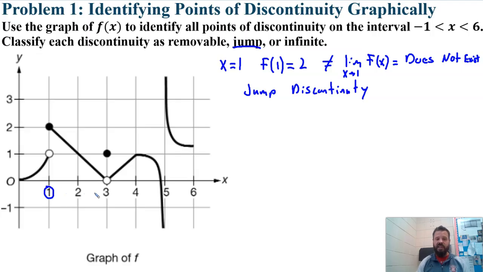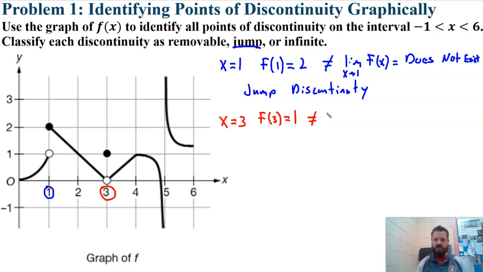All right, second spot I've got to lift my pencil is at x equals 3. And again, because I have this hole in the graph, I'd have to pick my pencil up, draw a dot, and then continue. Formally, we'd say that f of 3 is equal to 1.